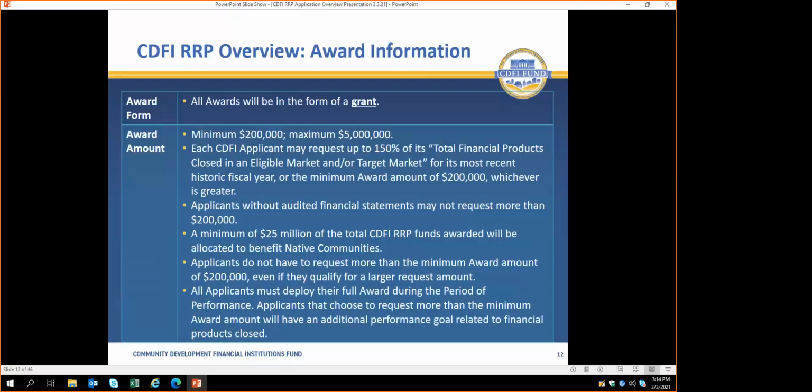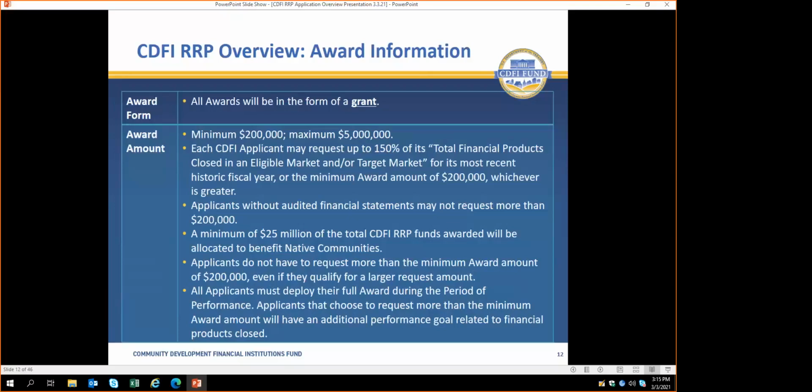The second part of your question related to financial products is a little bit different. It's not directly tied to expenditure of the award. You can satisfy the second PG&M, which requires 50% of your award amount to be closed in financial products in an eligible market or target market within the first year of the period of performance.